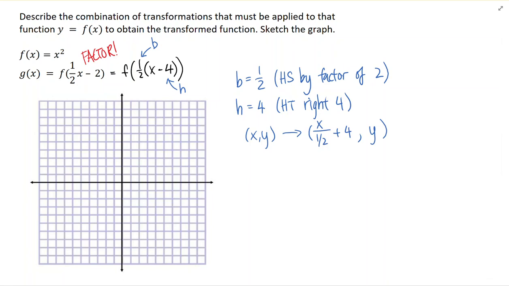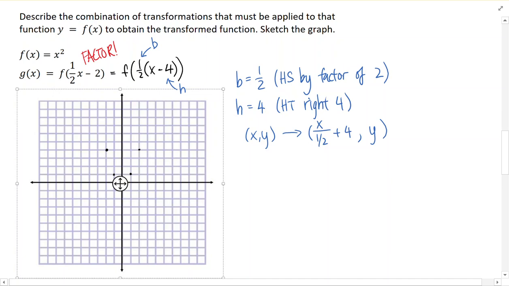So before I plot in the points, reminder, parabola key points: (0, 0), (1, 1), (-1, 1), (2, 4), (-2, 4), (3, 9), (-3, 9). You should know this. If you don't, practice. Hopefully you don't have to do a table of values anymore, and you already know at least these points by heart.